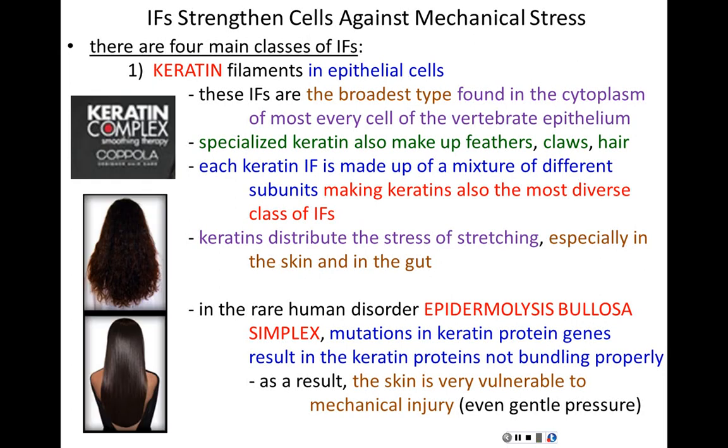I brought it up just a second ago by accident, but it's also worth pointing out the ridiculous, bogus scams that are out there. So this is a very, very expensive conditioner, I guess it is, some hair finisher that's called Keratin Complex. And this conditioner is supposed to smooth your hair, make your frizzy hair look as beautiful as the hair of the model on the bottom of this panel.